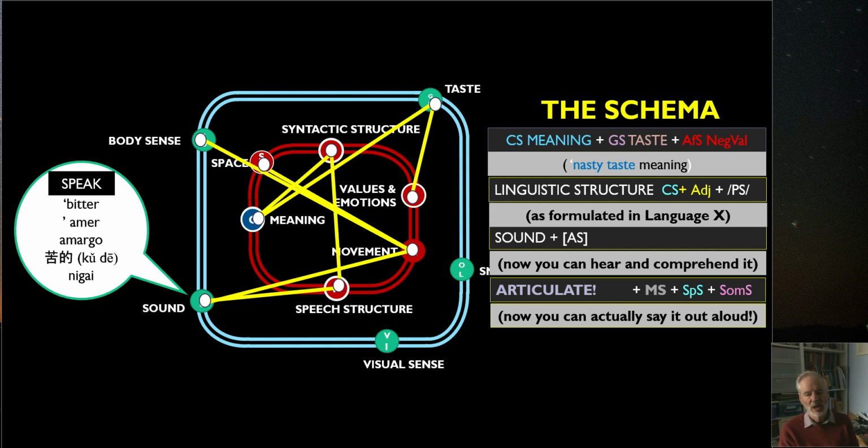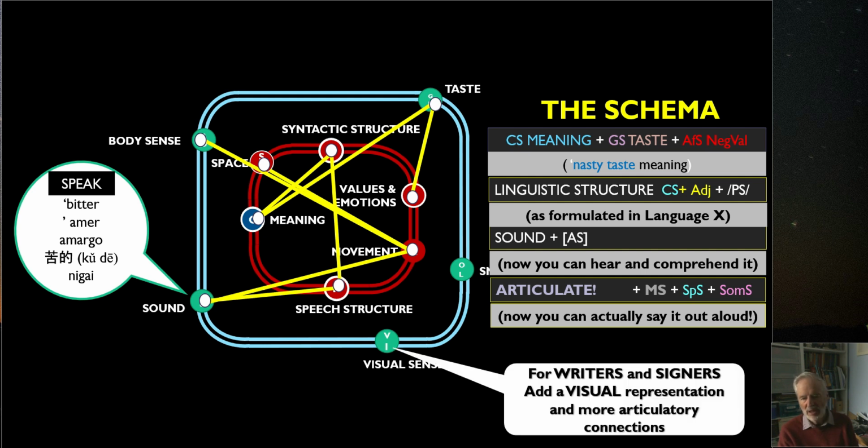Of course, we can't write it, and we can't understand someone if we have a sign language. We can't, at the moment, interpret anything that comes to us via the visual mode, but we can if we have a connection between the phonological structure and the visual representations, which are relevant to understanding text or understanding a signing.